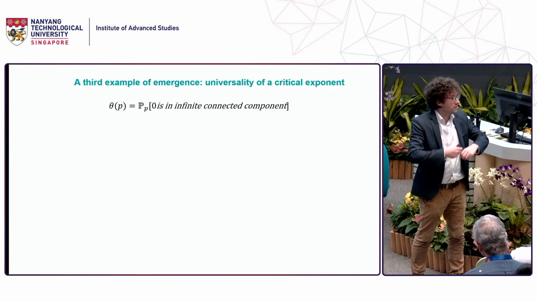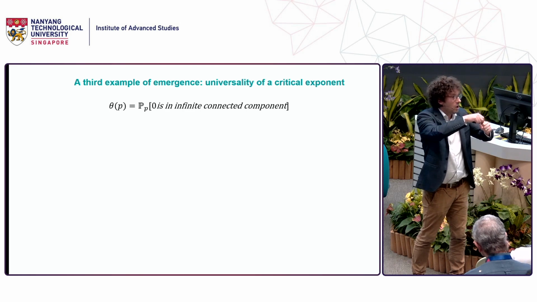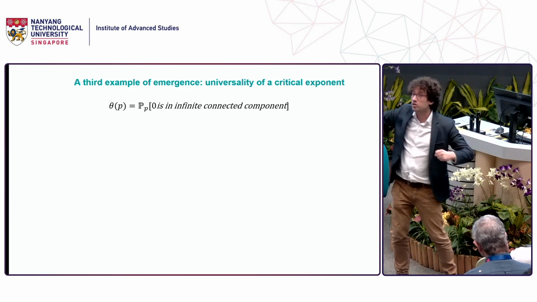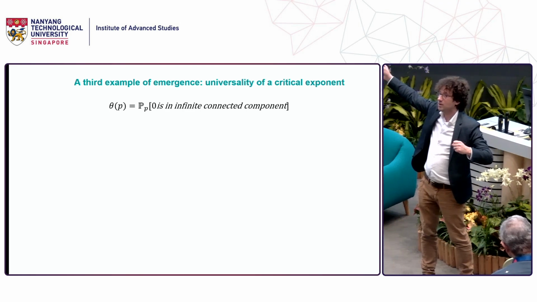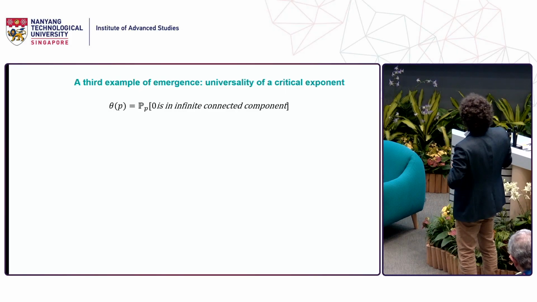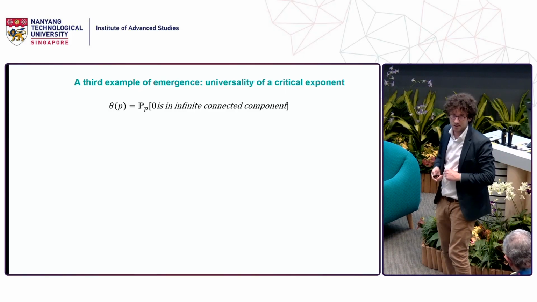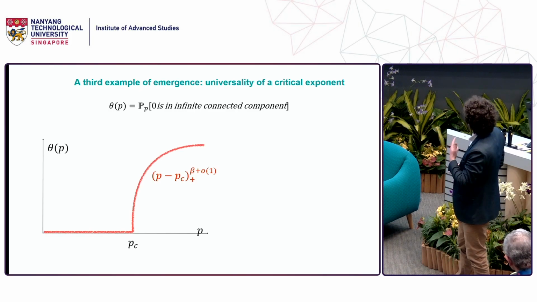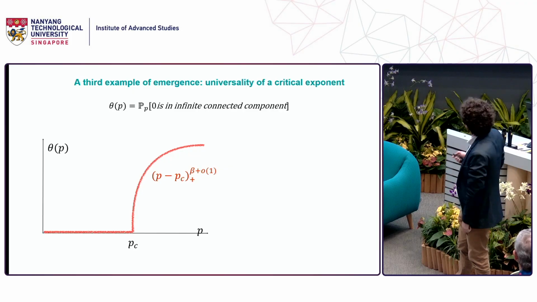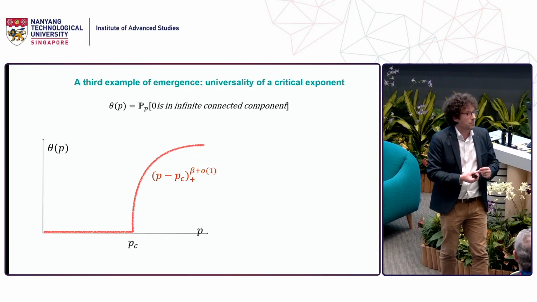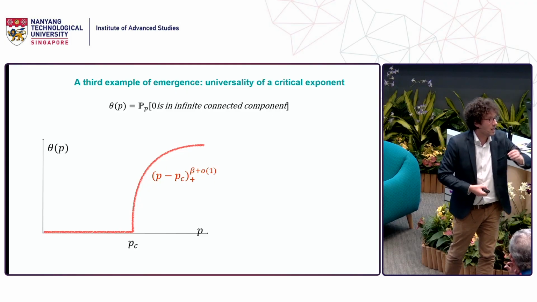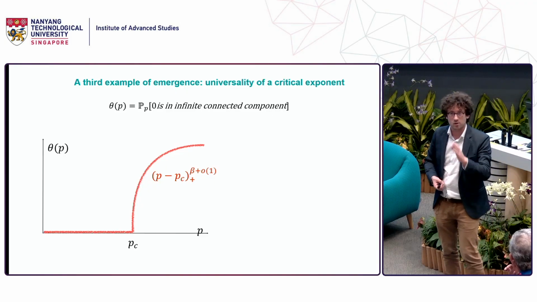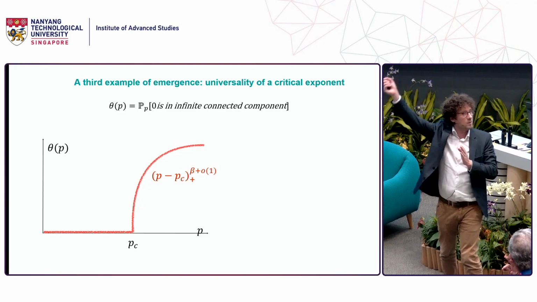In some sense, if you pump water at 0, what is the probability that it goes up to infinity? Okay? So let's call theta of P this probability. And what the simulation before suggests is that this probability is 0 for a very long time. It's impossible, basically, to go to infinity. And then at a certain point, that we call the critical point, it starts to be strictly positive.